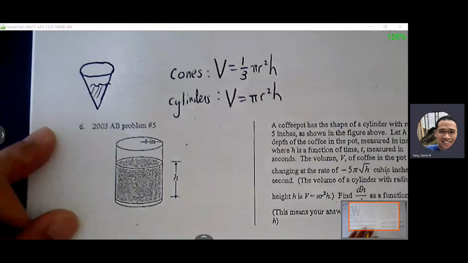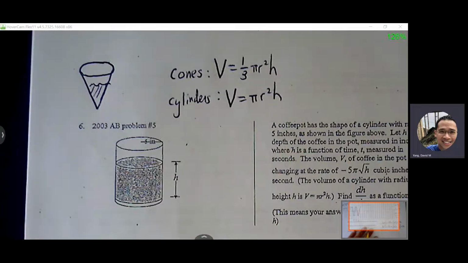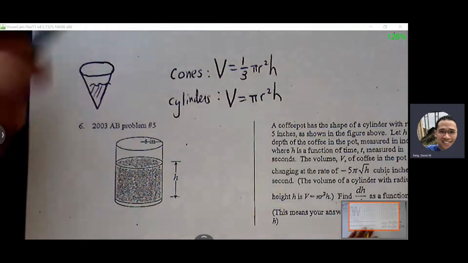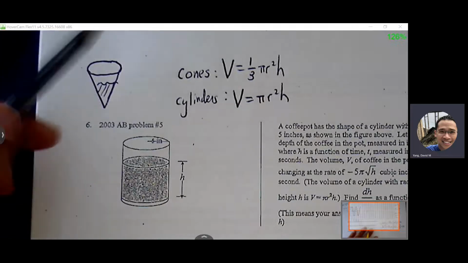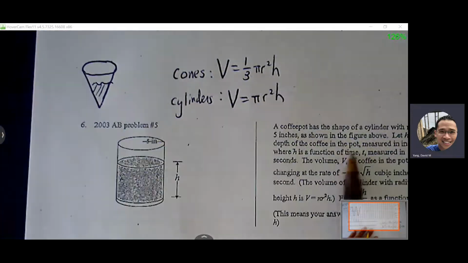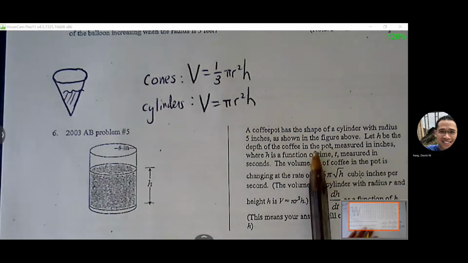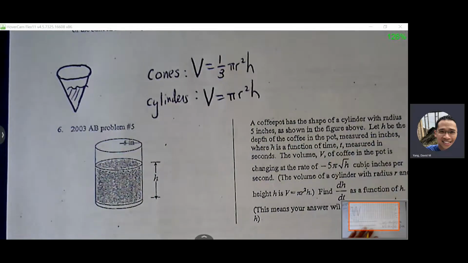These problems are all similar in the sense that there's a container with liquid or something inside that's either increasing, water being poured in, or decreasing, water being drained. So let's talk about the radius and height between these two different shapes. Let's say in this problem, the coffee is being drained.